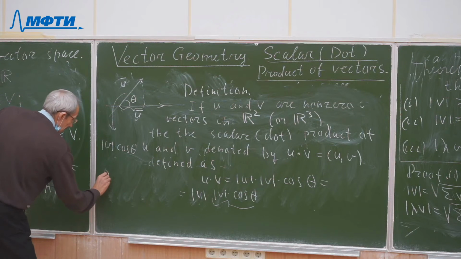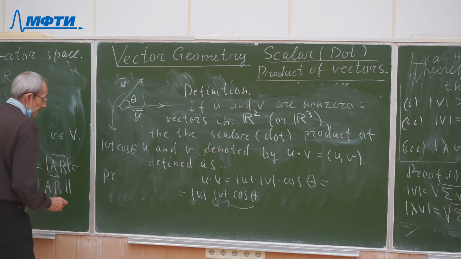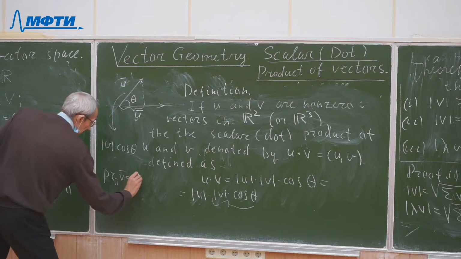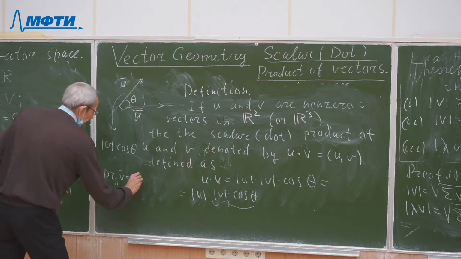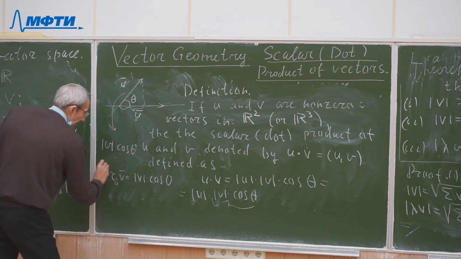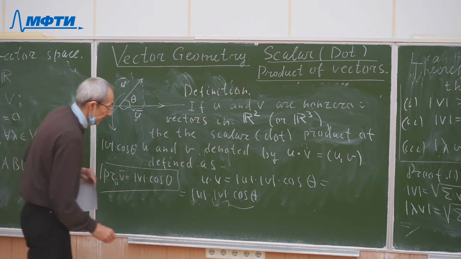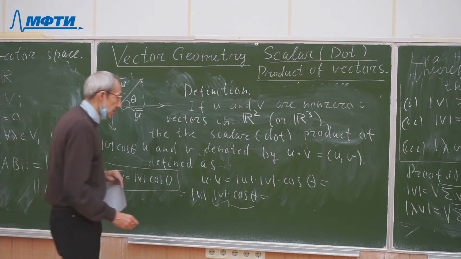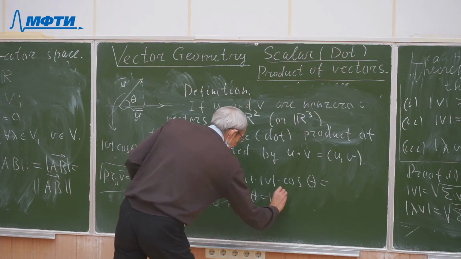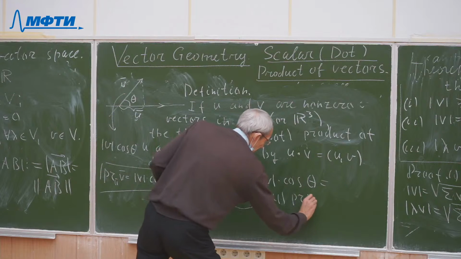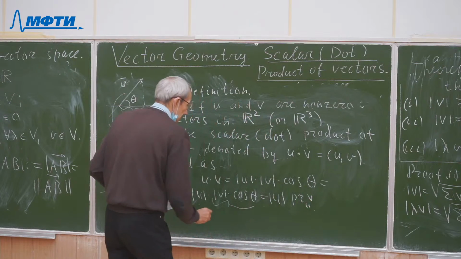If we use this notation, we can rewrite this definition in the form of the product of the length of vector u and the projection of vector v on u.